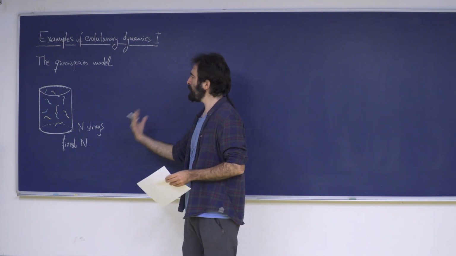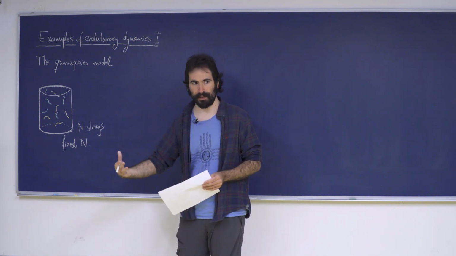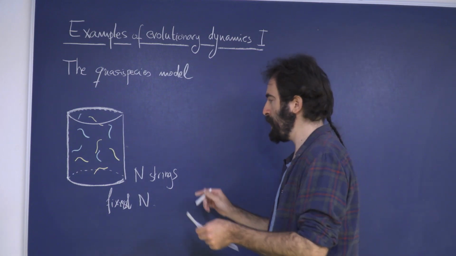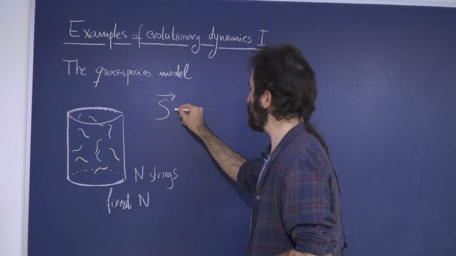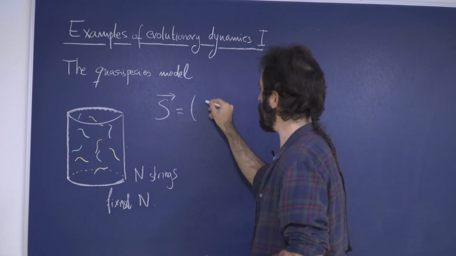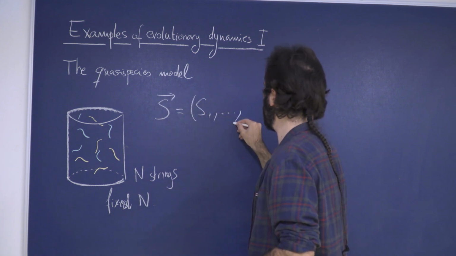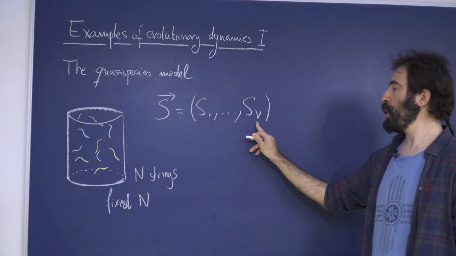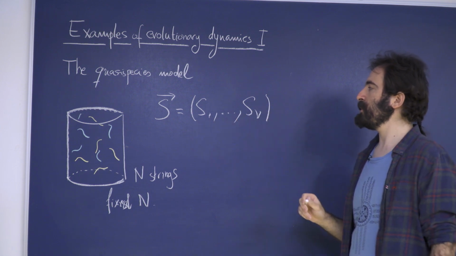But now let's define a little bit more what we mean by strings and what they are capable of doing. In this case, they're going to be replicating strings. So consider a string S to be defined as follows. S is going to have nu binary numbers here, this is the letter nu.